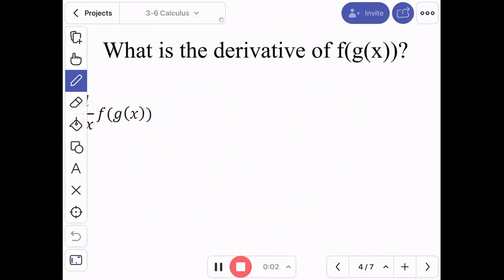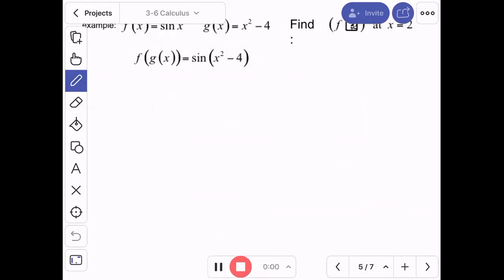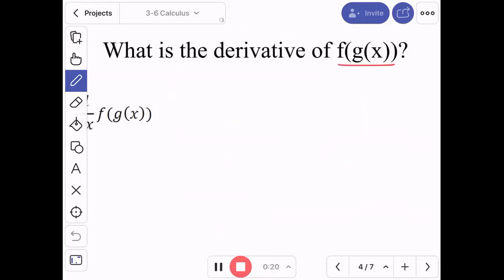So another form of the derivative in terms of chain rule is f of g of x. This is really what chain rule is all about. It's the fact that functions are inside of other functions. So what would happen if I took the derivative of f of g of x?